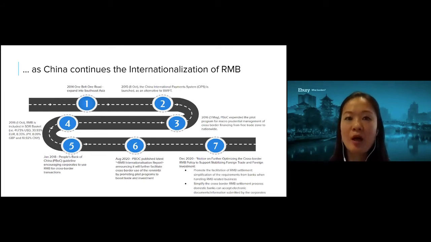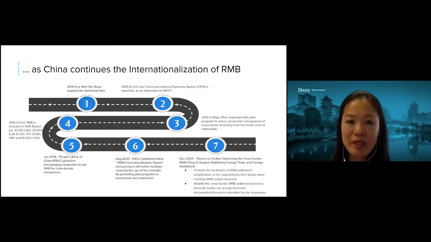So in this guideline, one of the things that it says is that for the corporates that wanted to directly receive RMB from their clients in the West, if this is a Chinese supplier that is selling to a UK company, for instance. Previously, it wasn't as smooth receiving USD versus receiving RMB.